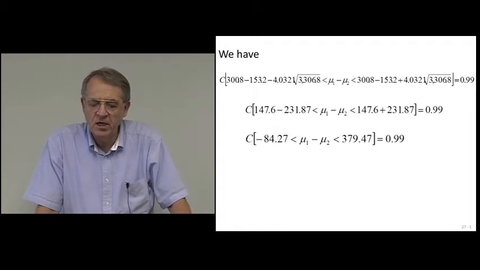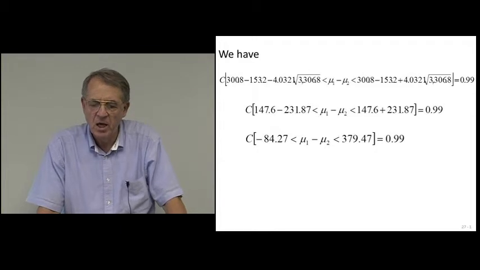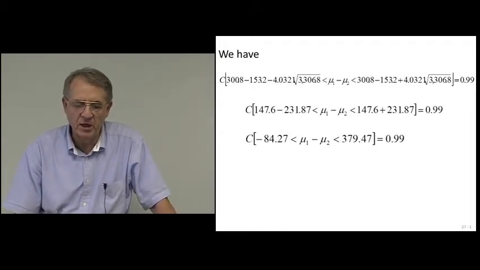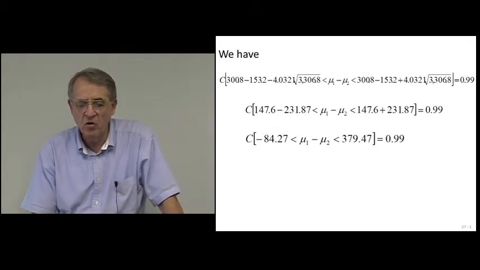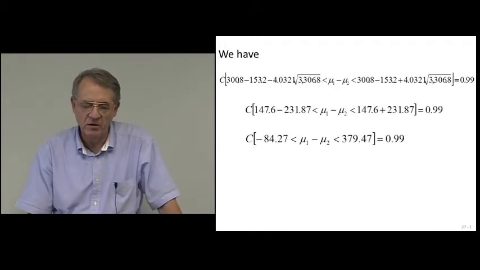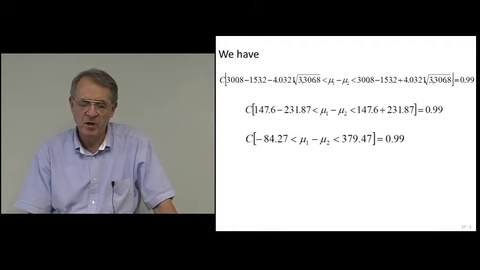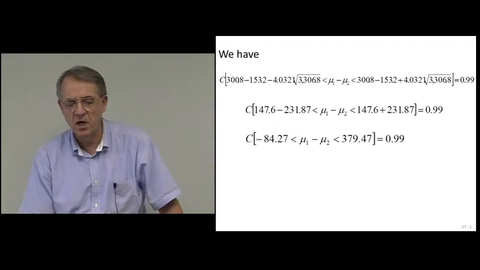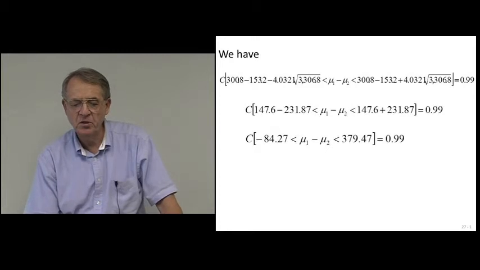But if you wanted to test the null hypothesis that the two population means were equal, and you wish to do it with alpha equal to 0.01, you can do it simply by looking at this confidence interval, and you see that 0 is included in the confidence interval. The confidence interval goes from fairly far on the negative side to way far on the positive side, so it does include 0, so you would have to accept the null hypothesis that these two means were equal. Now we work through some other examples.